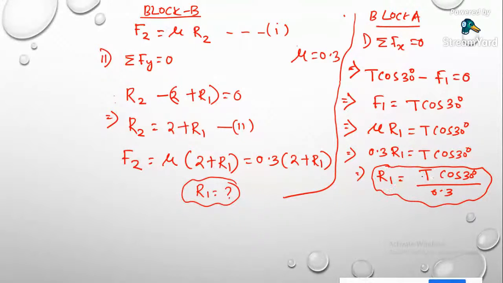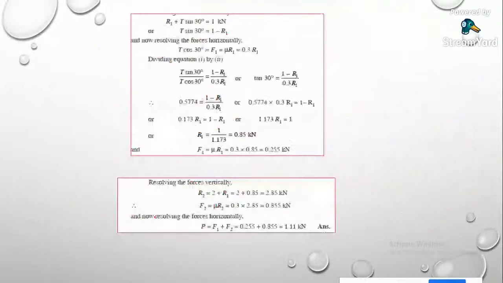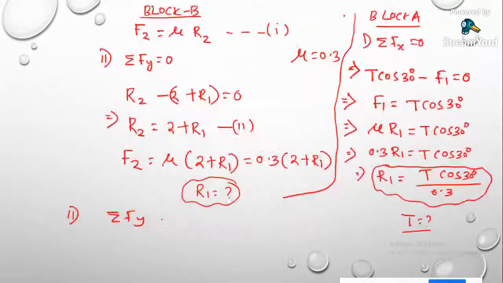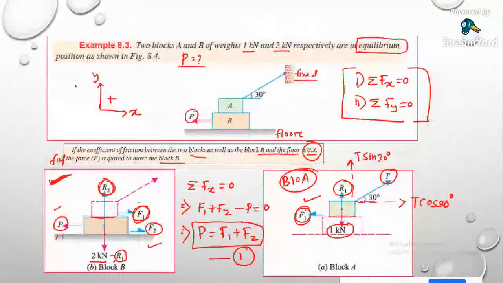Here again you need to find out the T, the tension in the string. So if you write down for block A, the net force in y direction will be equal to 0. What are the forces acting? This is T sine 30 plus R1 minus 1 kilonewton.